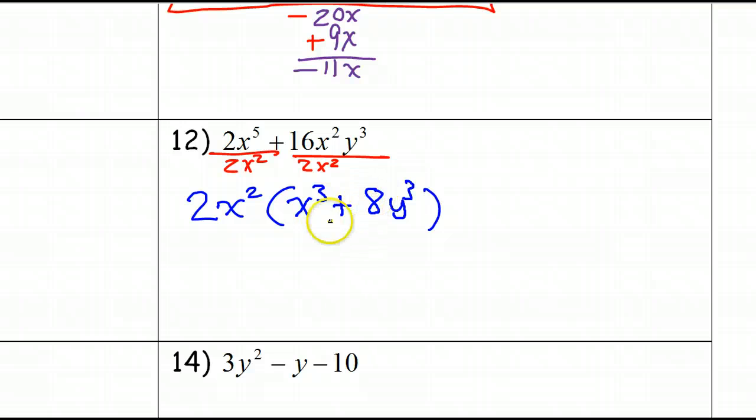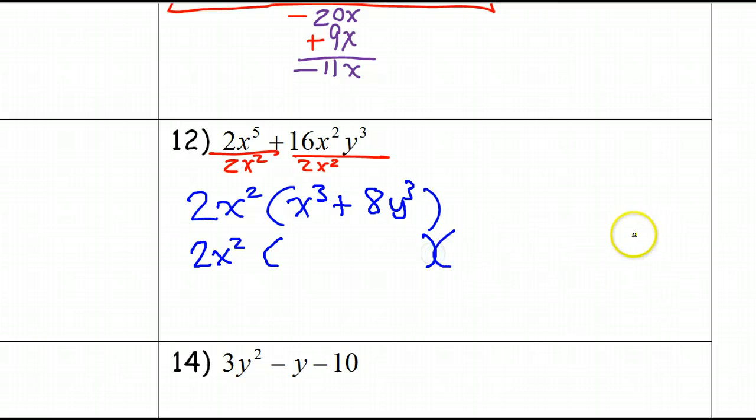I can go further. This is the sum of two perfect cubes. So I'm going to keep my 2x squared out front. But I'm going to factor this as a binomial and a trinomial, the way the sum of two cubes always goes.